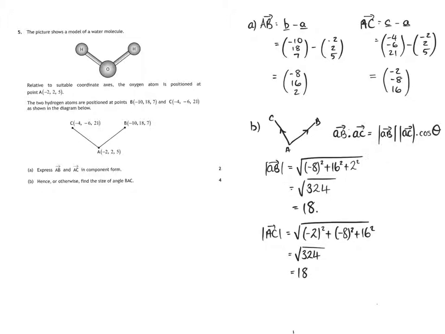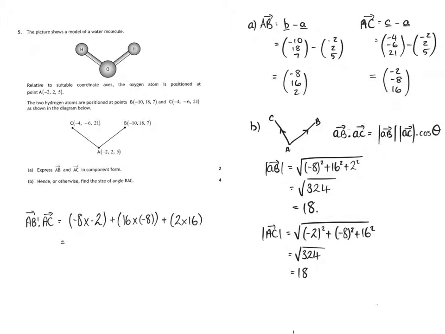Okay, so the other thing we need to do is find our value of the dot product of AB and AC. So that is going to be minus 8 times minus 2, so we're timesing the x parts of our vectors, plus the second one, which is going to be 16 times minus 8, and then the last bit is plus 2 times 16.